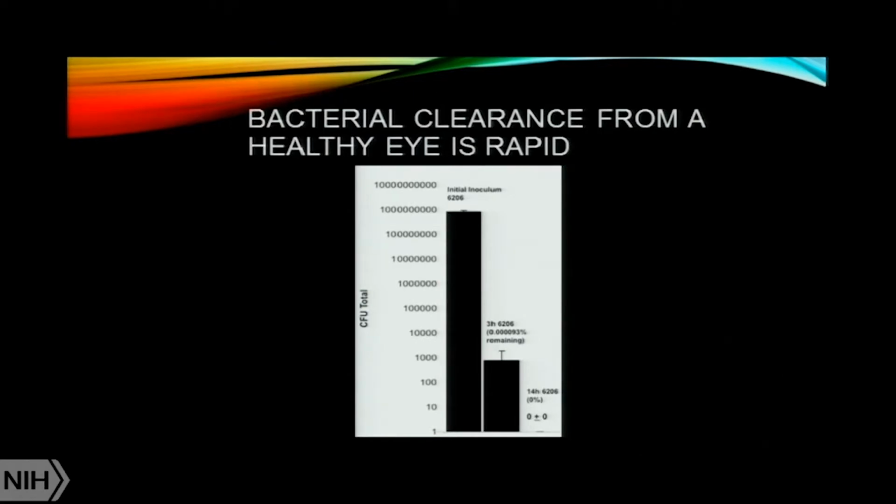The cornea is pretty good at being resistant to infections, and I'm leaning on infections as far as a barrier, simply because that's the most common research being done in the area. And you can see here that it has really good defenses. If you put bacteria on an eye, over time at 14 hours, almost all the bacteria are gone. And this has been shown for both Pseudomonas aeruginosa and Staphylococcus aureus.